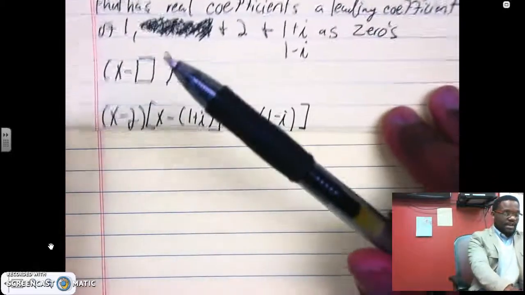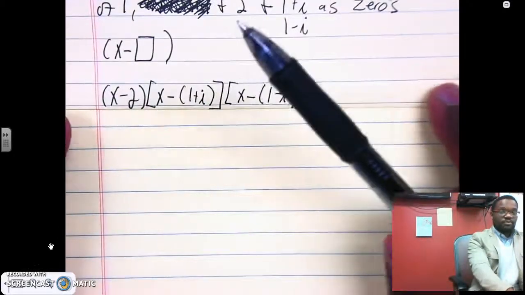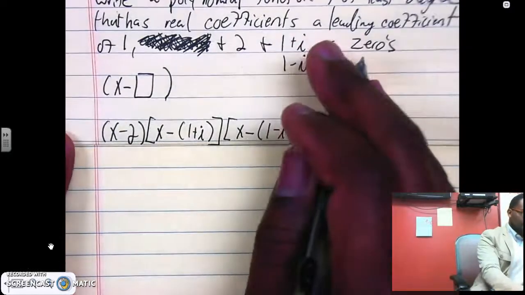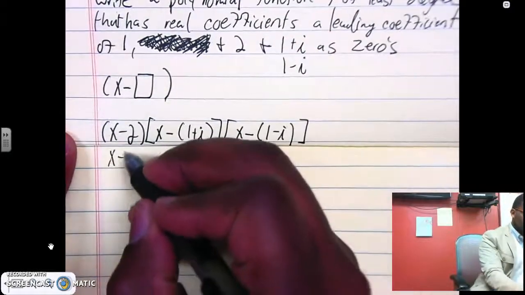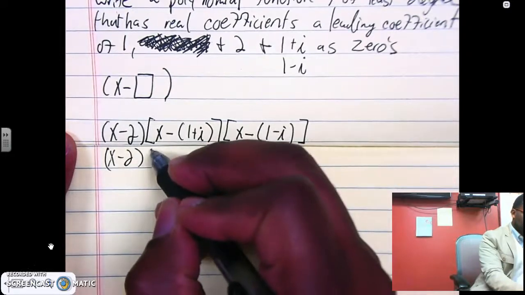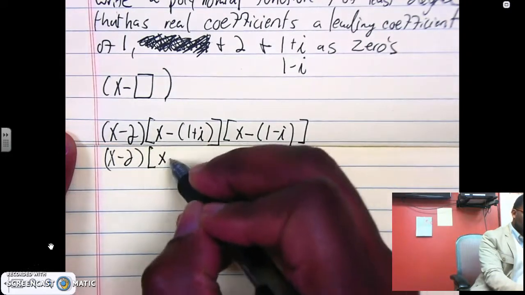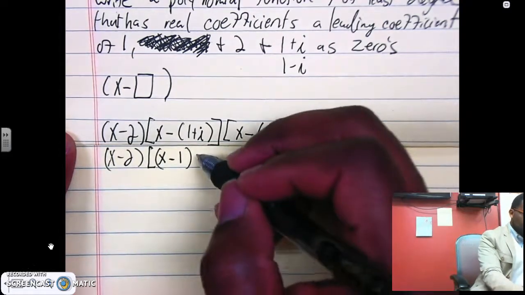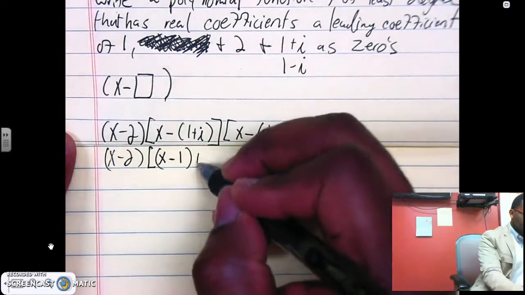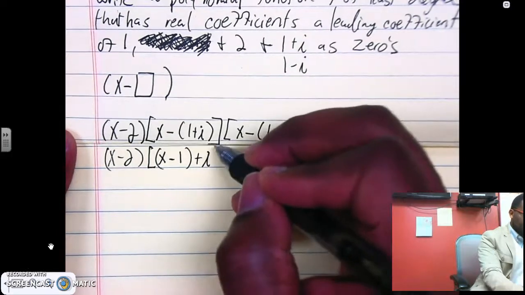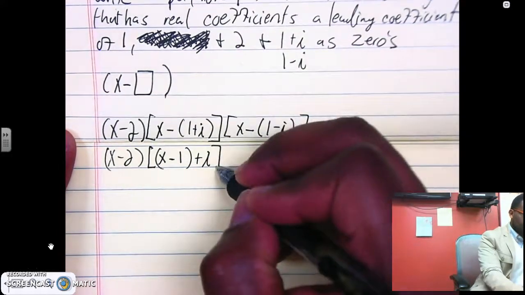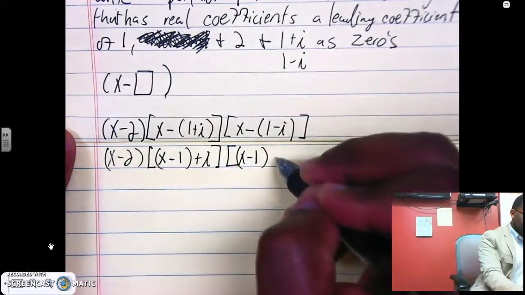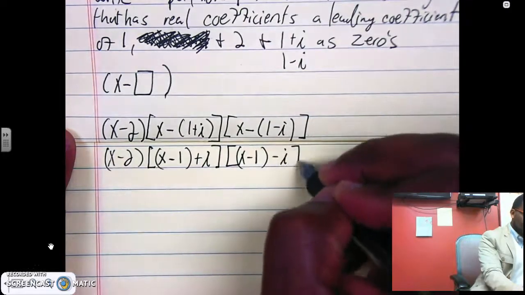All right. Now, as we start working the problem, we need to simplify. When I say simplify, I'm going to rearrange the order here. So it'll be x minus 2, plus i, and that'll be x minus 1, minus i.